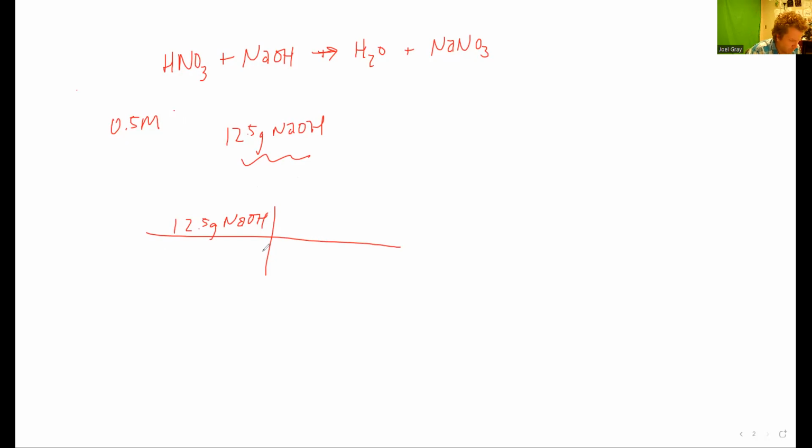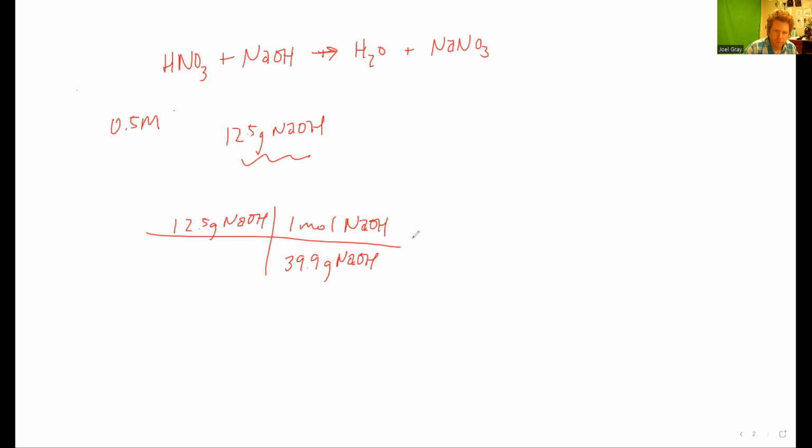So 12.5 divided by 22.9 plus OH, which is 17, so this is 39.9 grams of NaOH is 1 mole of NaOH.